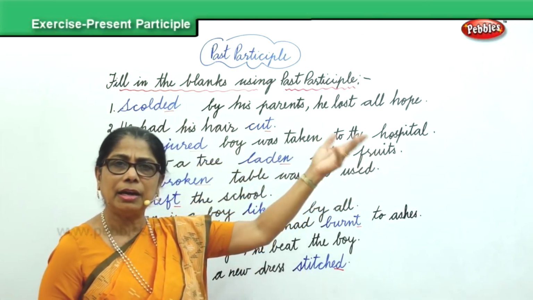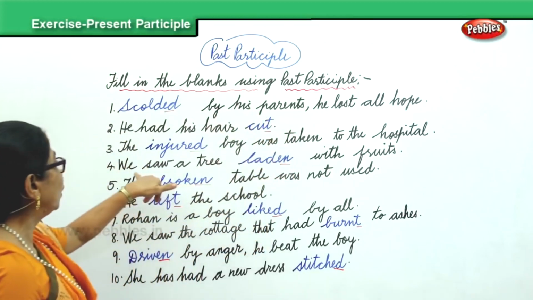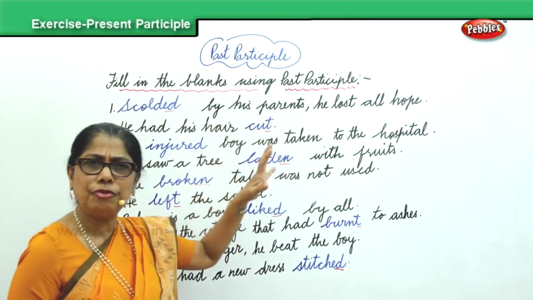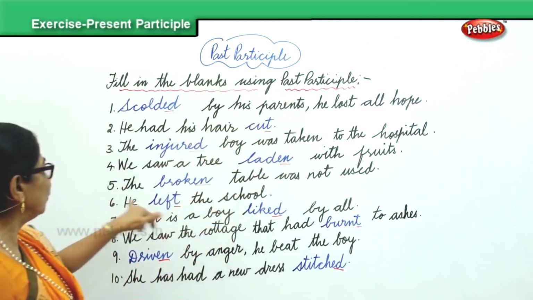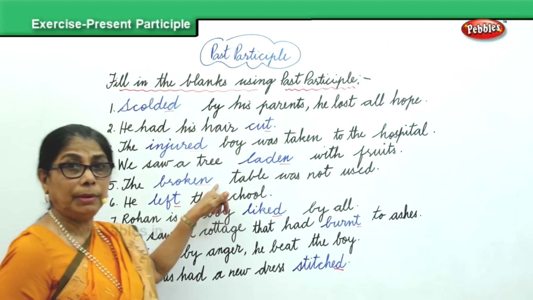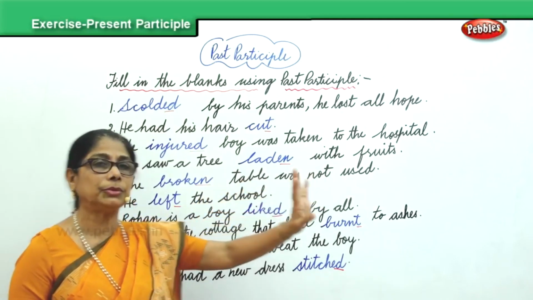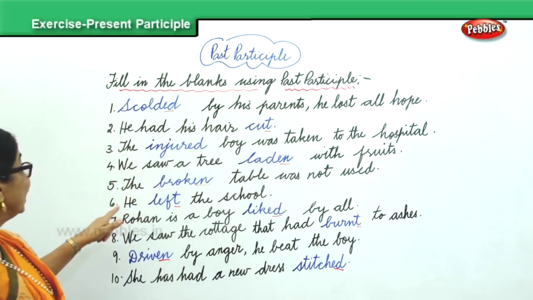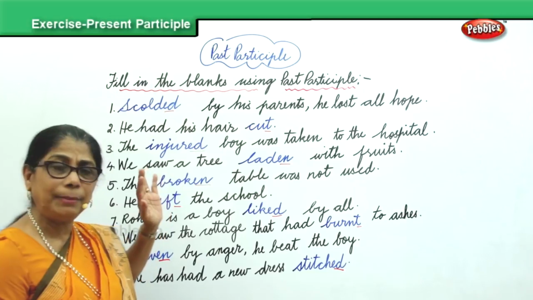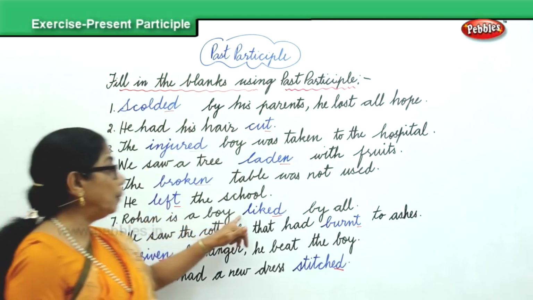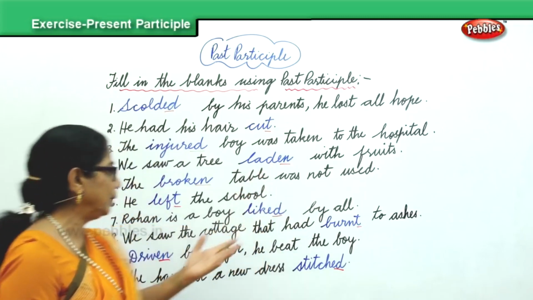He's already hurt, finished. He got hurt, now he has to go to the hospital. We saw a tree full, laden with fruit. The broken table. Nobody uses a broken table. The broken table was not used. Already broken, finished. He left the school. Whatever the reason, he left. He's not there anymore in the school. Rohan is a boy liked by all. Action completed.